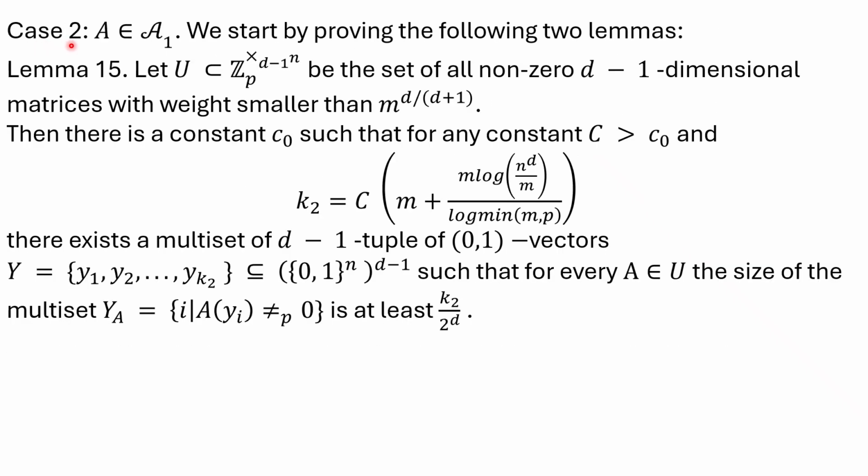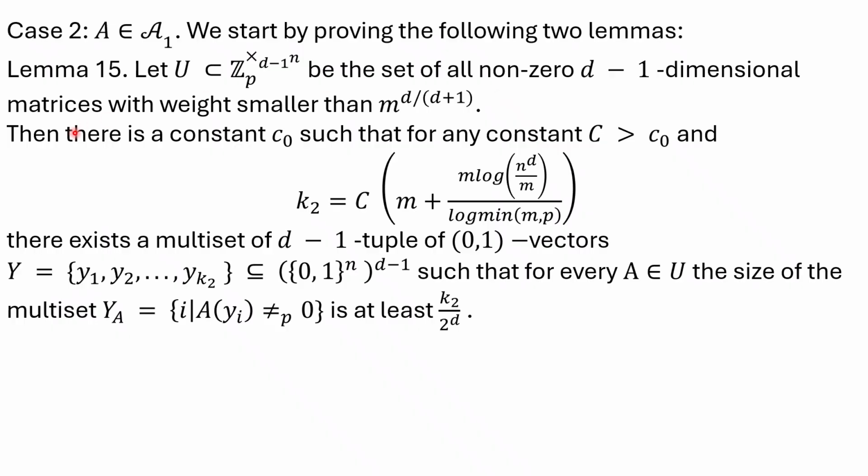Case 2. A belongs to M1. We start by proving the following two lemmas. Lemma 15. Let U be the set of all non-zero d-1 dimensional matrices with weight smaller than m to the power of 2d divided by d plus 1.